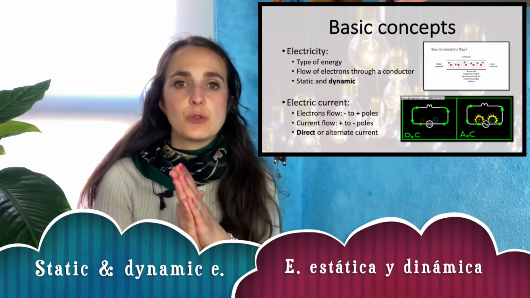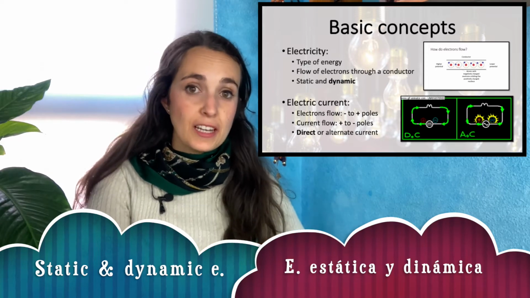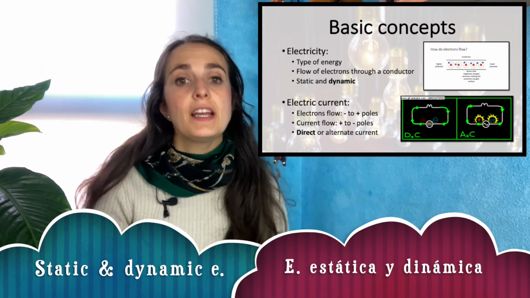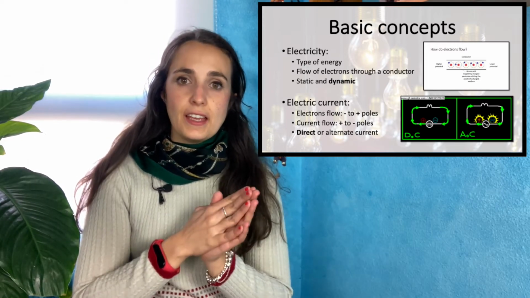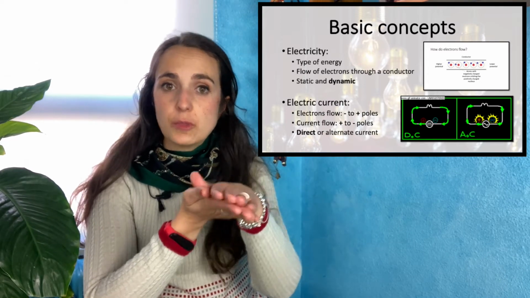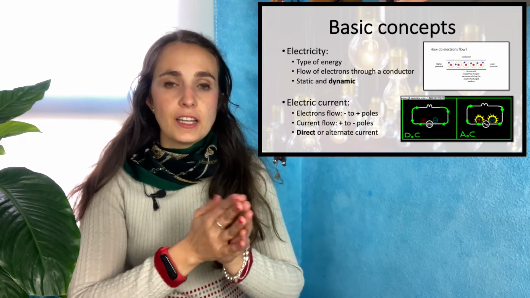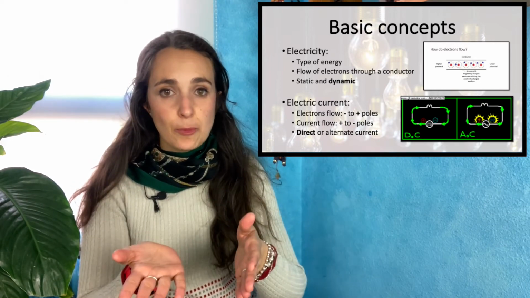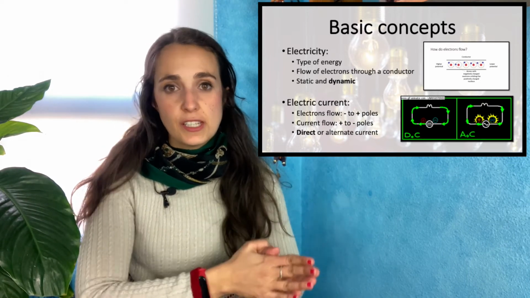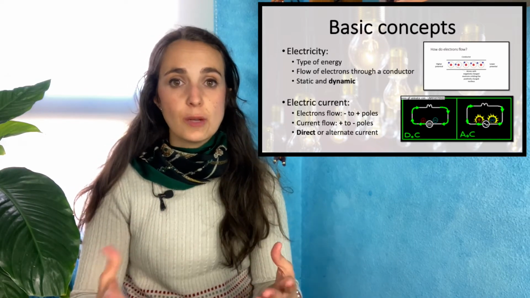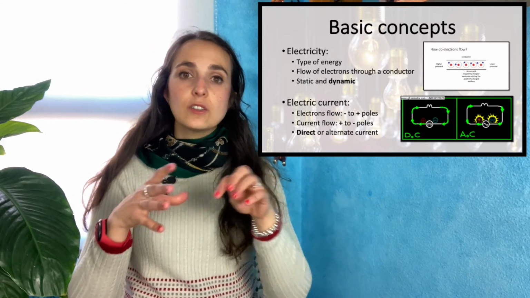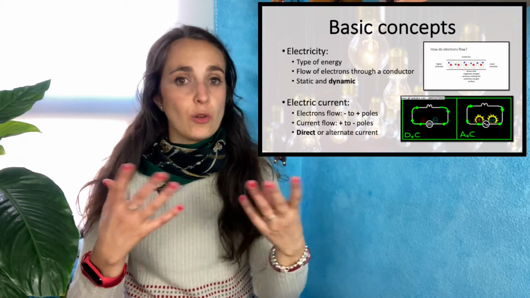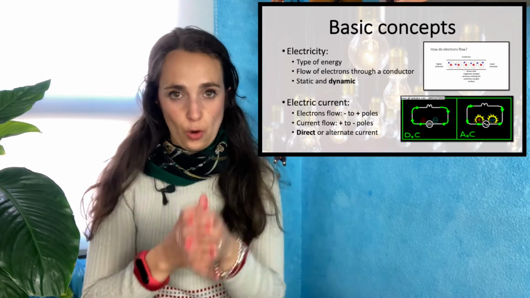The difference between static and dynamic electricity is that usually static electricity is due to friction between two surfaces and is local. It happens only at that point where friction is happening. And dynamic electricity is due to a power source, a power supply, and it can go through a circuit for a long distance. It's not local, okay?